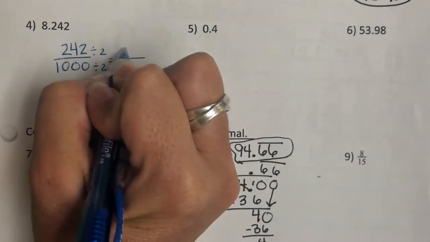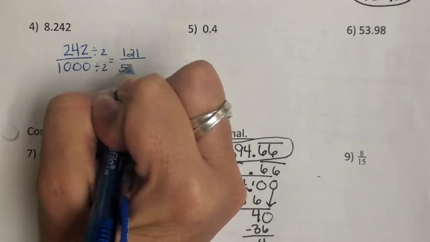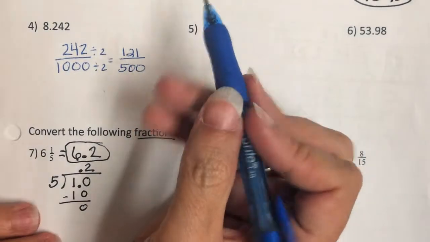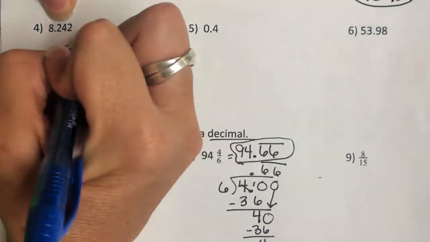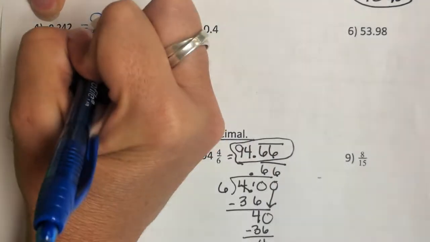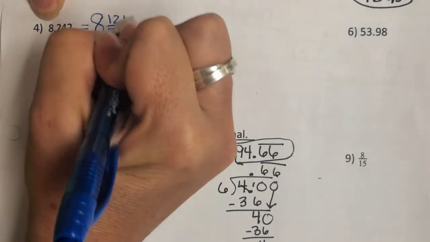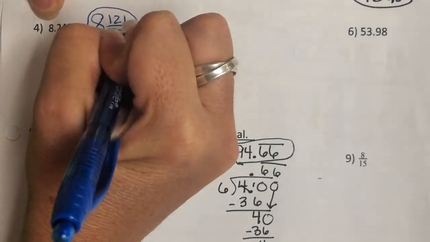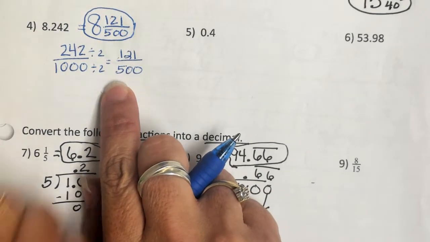So my new fraction is 121 over 500. Now, that is only the back end of that decimal. I'm going to kind of put it all together now. I need a big 8 in the front. 121 over 500. And it doesn't simplify anymore. Like I kind of went through it earlier and made sure.